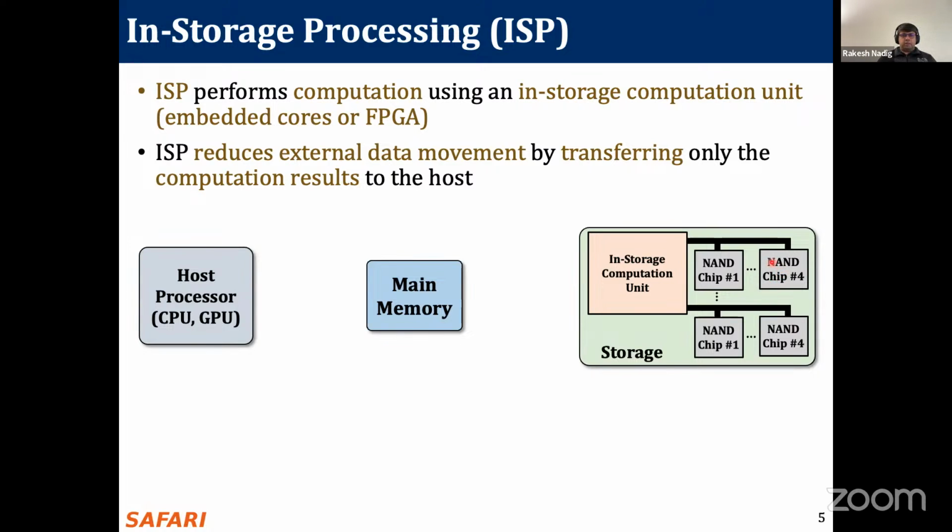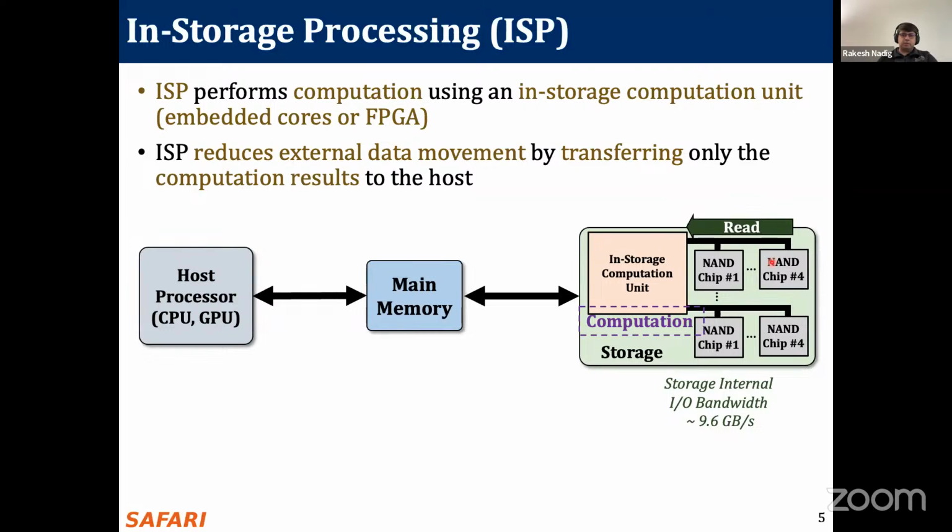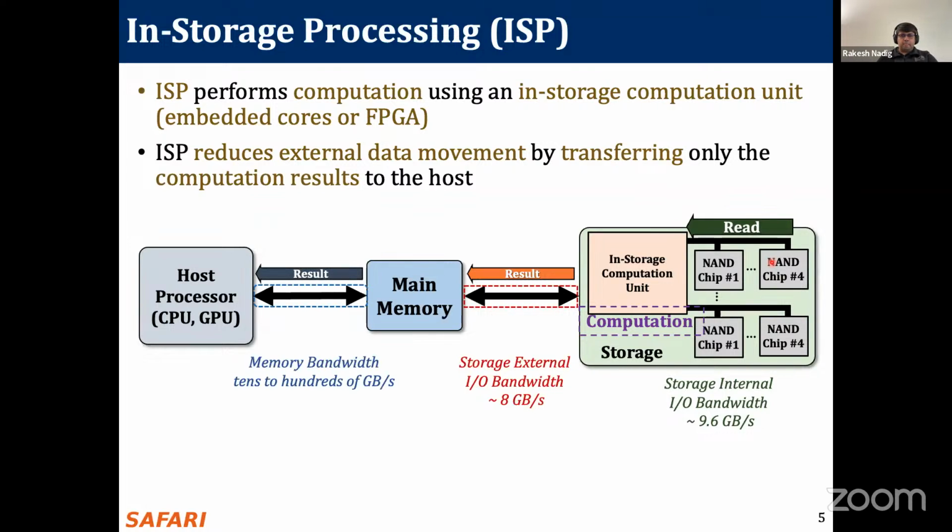Now, if the computation has to be performed in storage, then large amounts of data are read from the flash chips, and the computation happens in the in-storage compute unit. Then only the result gets transferred outside the storage device through the memory hierarchy. While the data transferred outside the storage device is reduced, a large amount of data is still transferred from the flash chips to the in-storage compute unit.